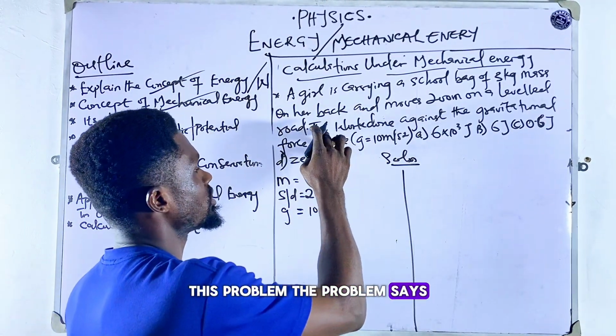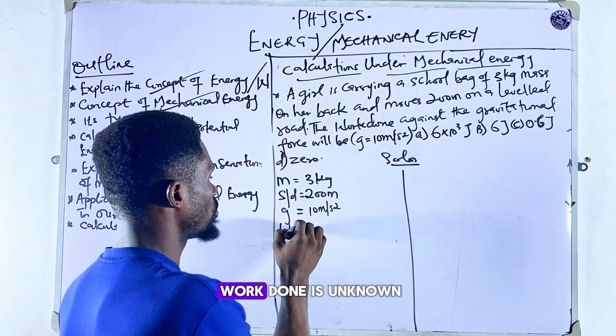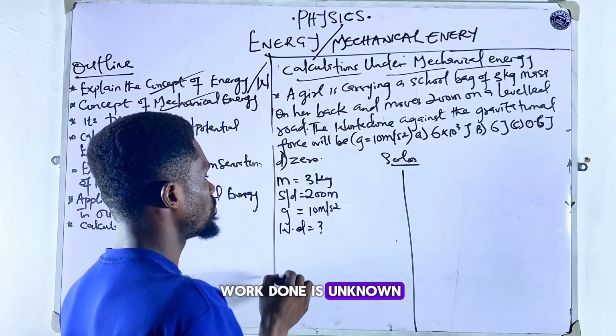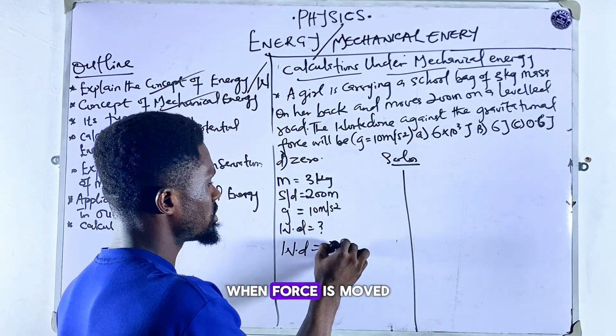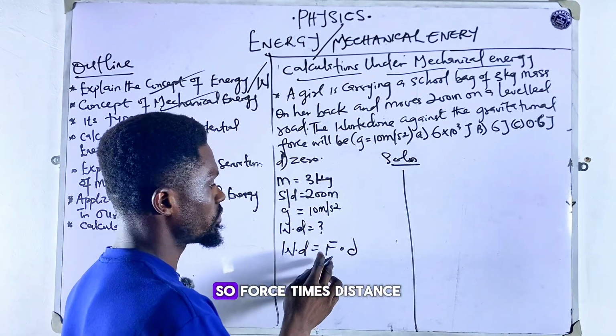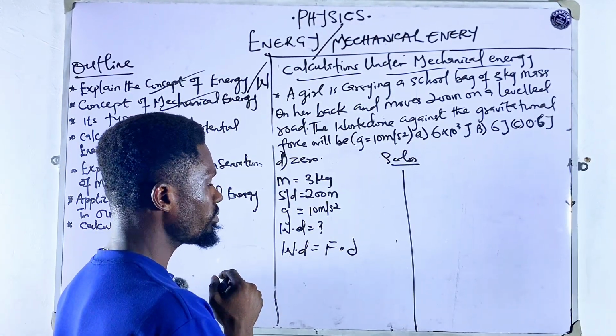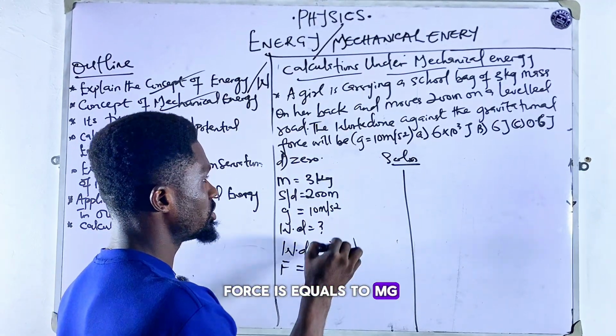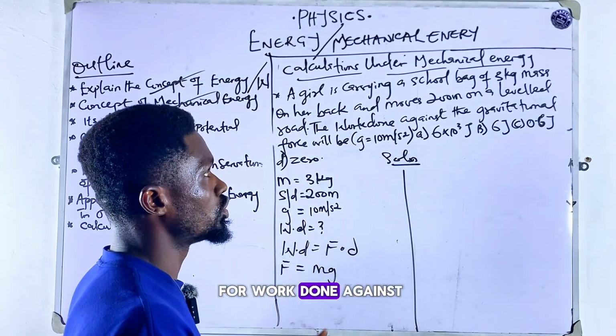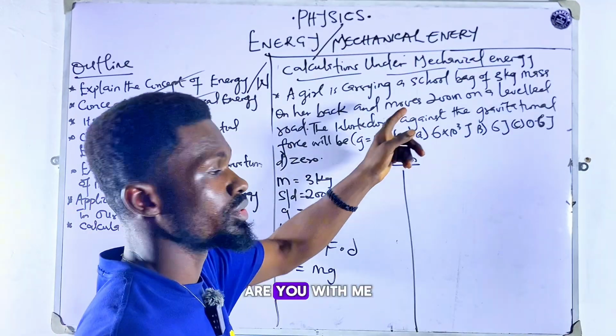The question says we should find work done. Work done is unknown, but we know that work is said to be done when force is moved through a particular distance. So force times distance. Are you with me? And we know that force is equal to mg, since we are looking for work done against gravity.